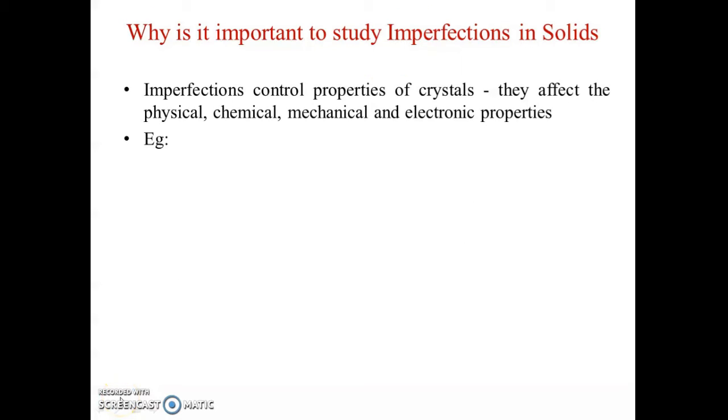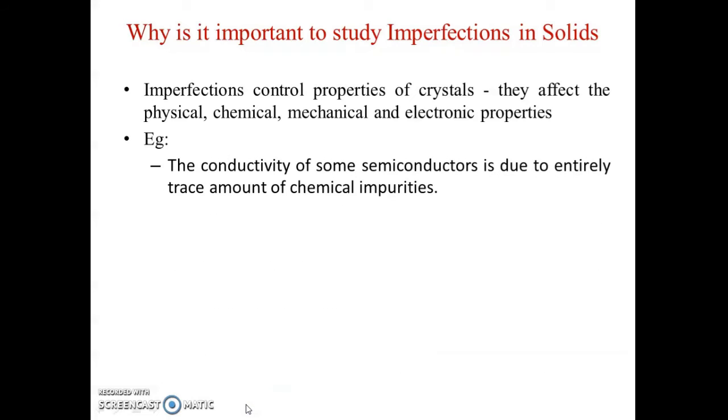So now we know imperfections can control properties of crystals. They affect the physical, chemical, mechanical and electronic properties. Now let us see some examples. Conductivity of semiconductors: through doping, we introduce some impurities that create defects leading to the formation of p-type and n-type semiconductors.